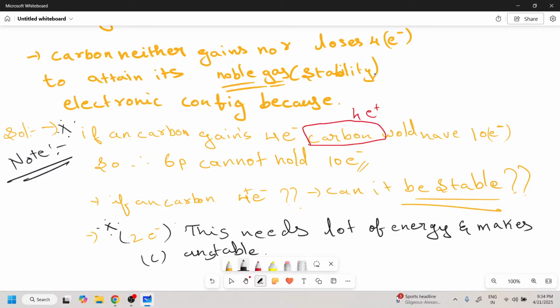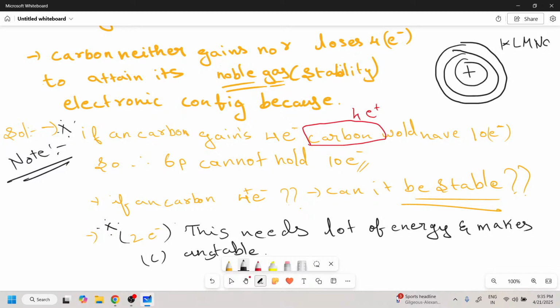So a guy comes and tells that an atom is like a watermelon, and another guy comes and tells that it is wrong and the atom is like this, having K L M N O P shells.